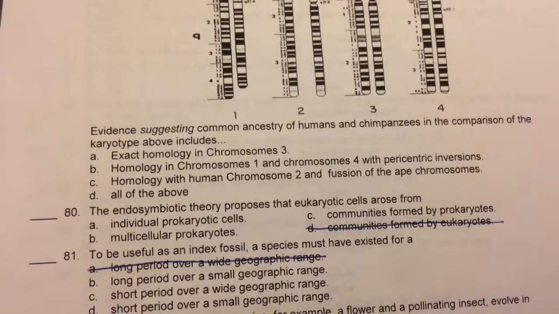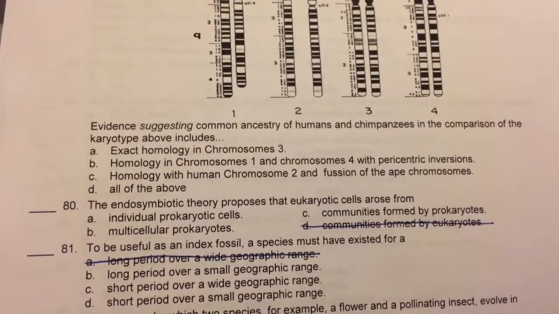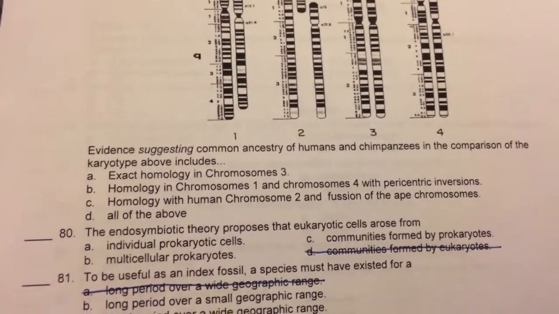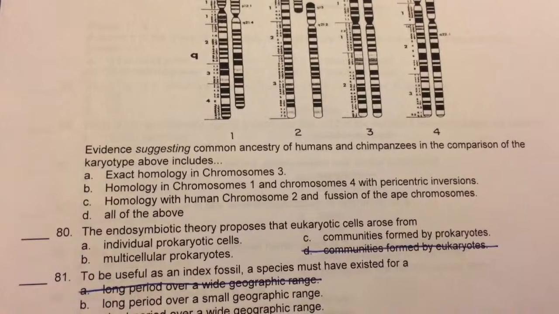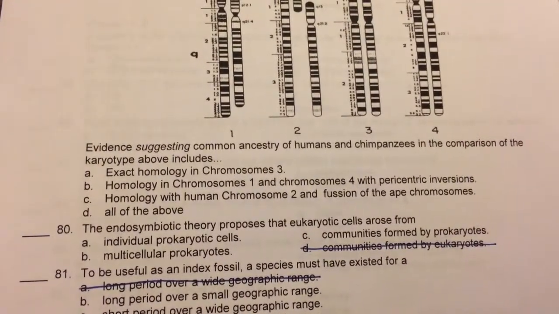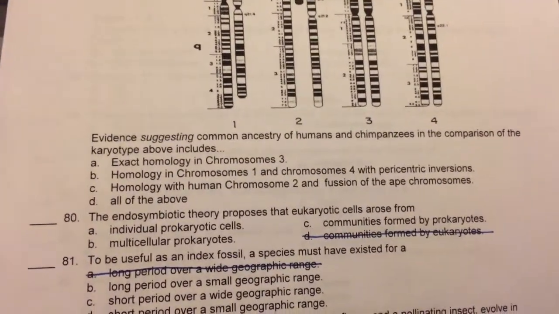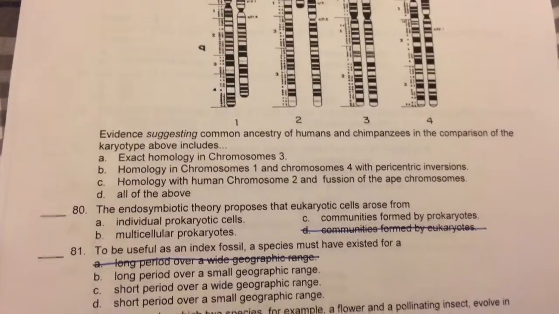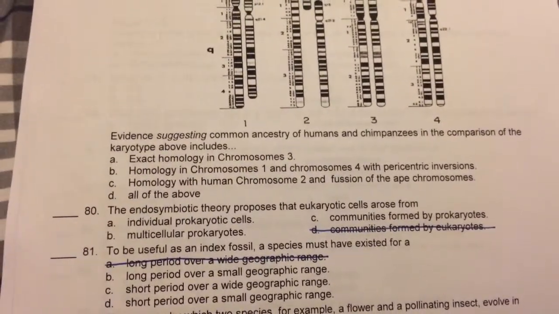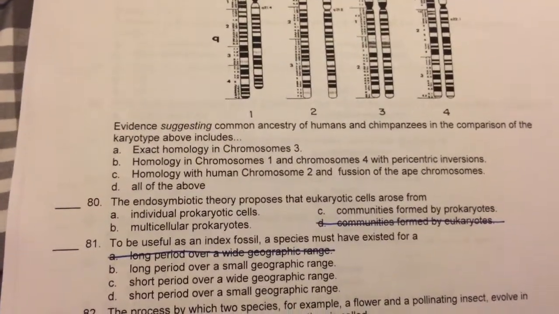79. Evidence suggesting common ancestry of humans and chimpanzees in the comparison of the karyotype above includes A. Exact homology in chromosomes 3, B. Homology in chromosomes 1 and chromosomes 4 with pericentric inversions, C. Homology with human chromosome 2 and fusion of the ape chromosomes, or D. All of the above.